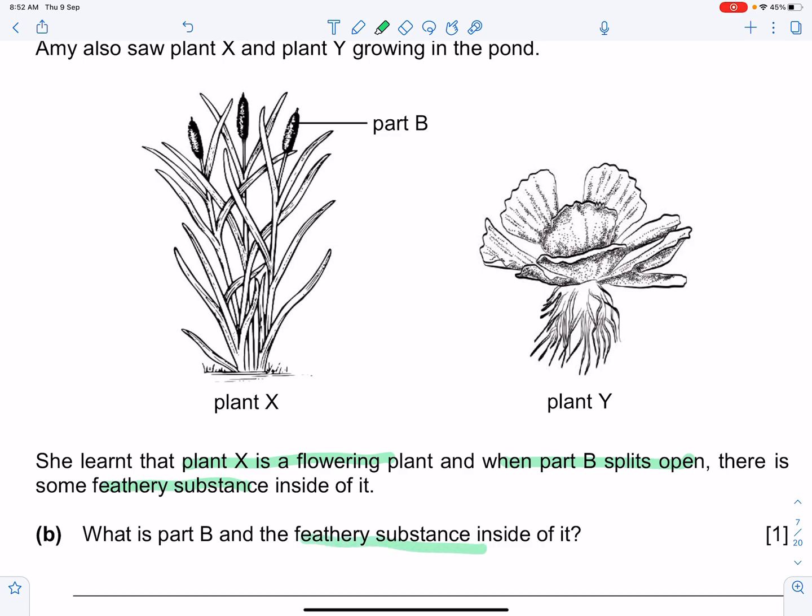Okay. Listen, students. Already they tell you that this can split open. The word split. So when you think about it, which concept of reproduction in plant did you learn this word split? Explosive mechanism. Right?